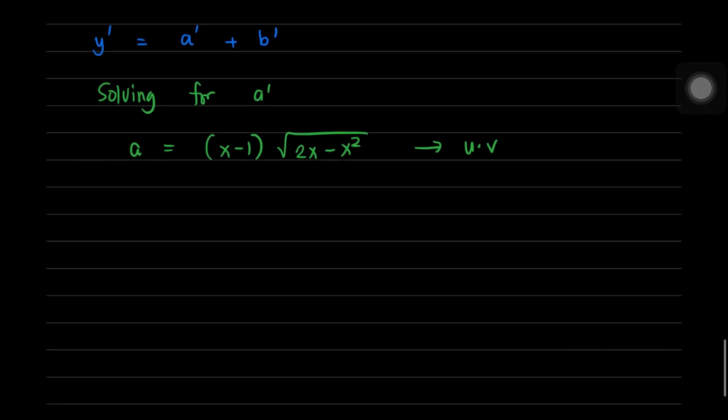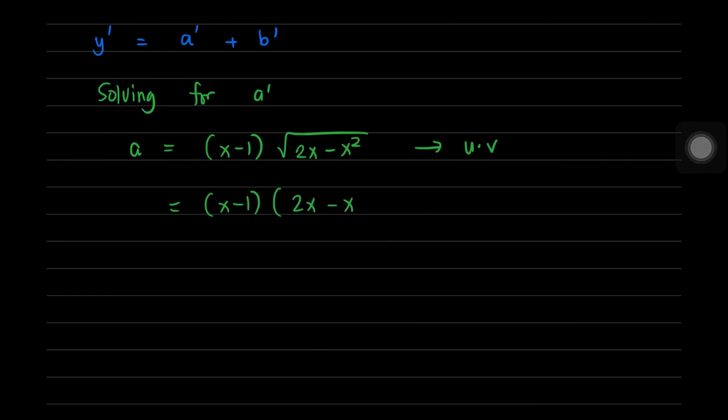Alright? So the square root of 2x minus x squared can also be written as 2x minus x squared raised to 1/2.